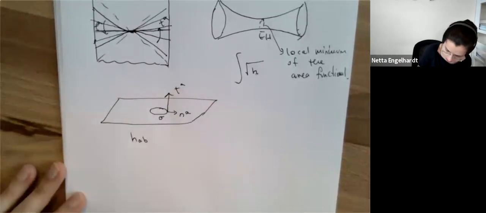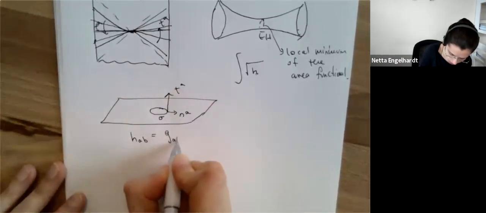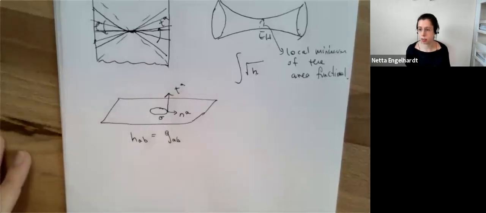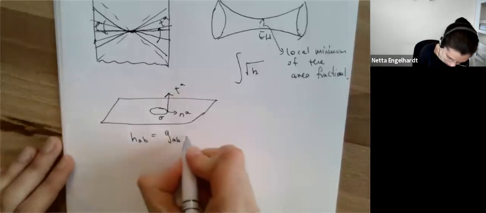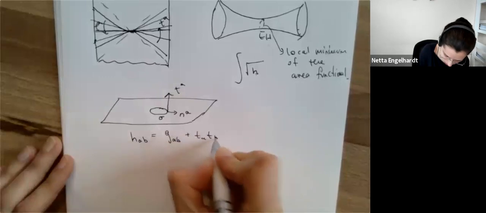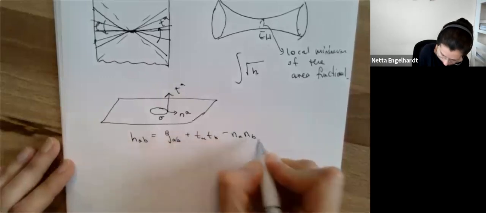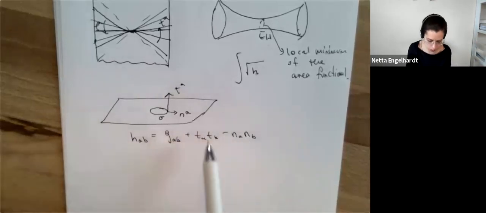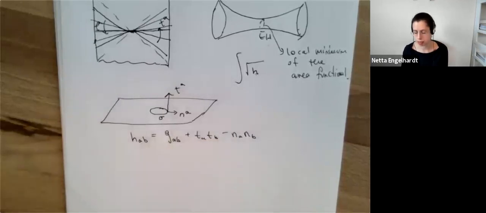So h_ab equals g_ab, which is the metric in this space-time, plus t_a t_b minus n_a n_b, where these are normalized to -1 for t and +1 for n. So this is the metric on the surface as induced by the ambient geometry.